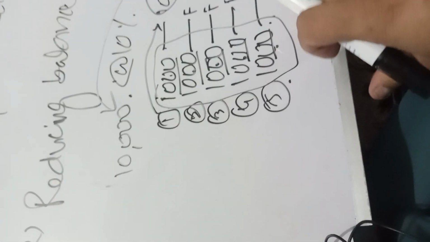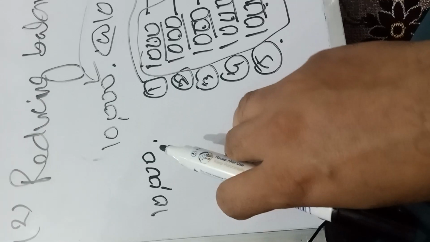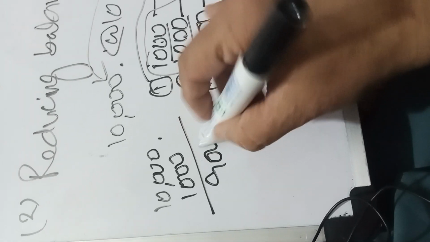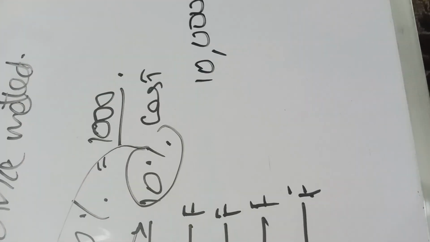Let's see, if in the first year we reduce 1,000 from the 10,000 furniture, the remaining value will be 9,000 at the end of the first year. In the second year, 10,000 is the cost and the depreciation of 2 years is 2,000, 1,000 plus 1,000.